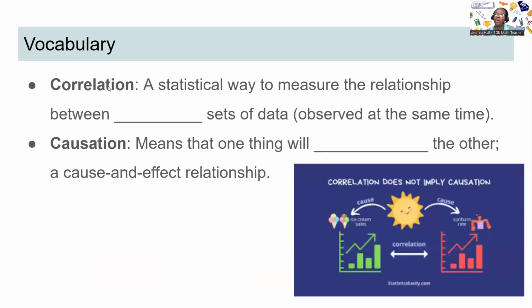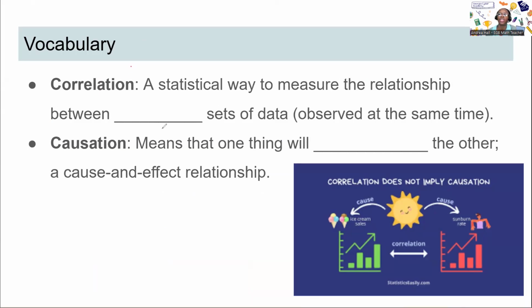All right. So correlation is a statistical way to measure the relationship between two sets of data observed at the same time. Causation means that one thing will cause the other.